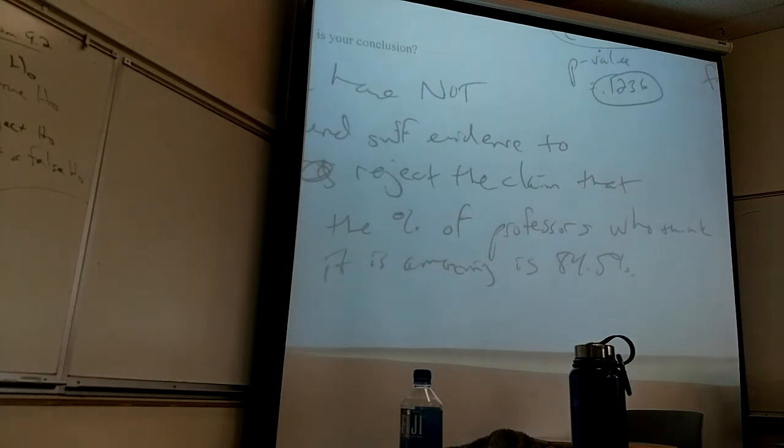The claim is P is greater than 0.20, so the null would be P less than or equal. It's the opposite. Yeah, so it's greater than 20%. So the null would be less. That seems right.